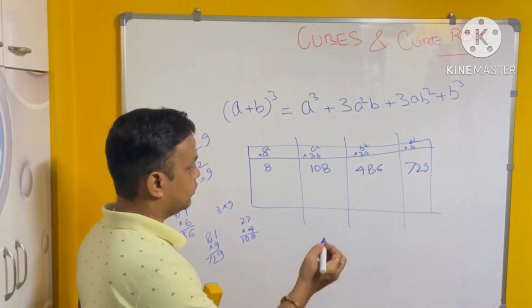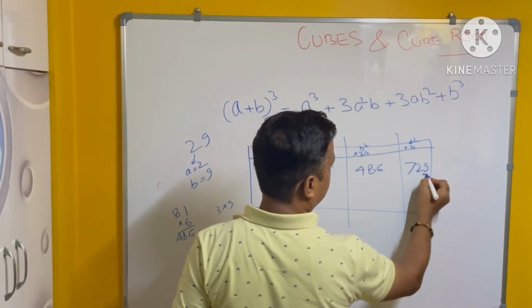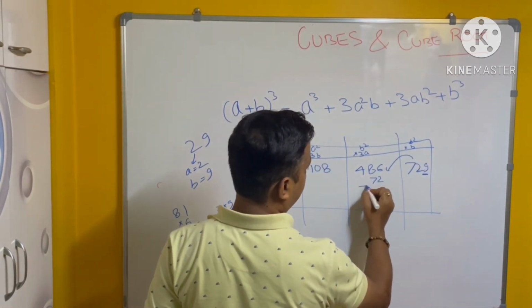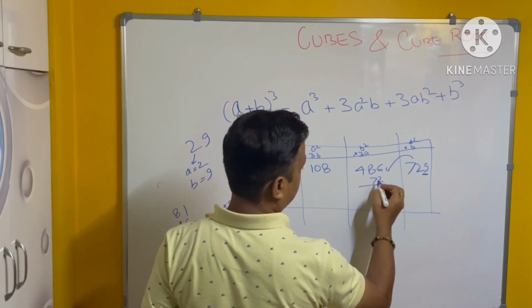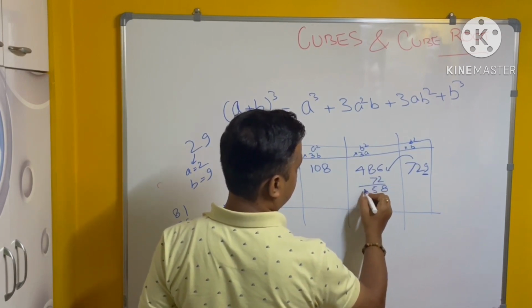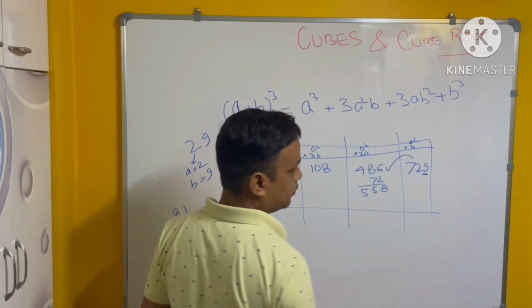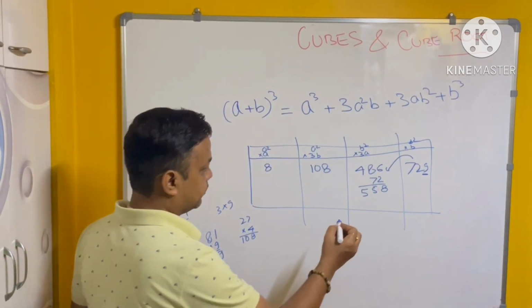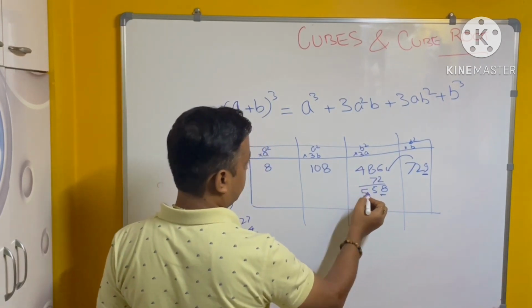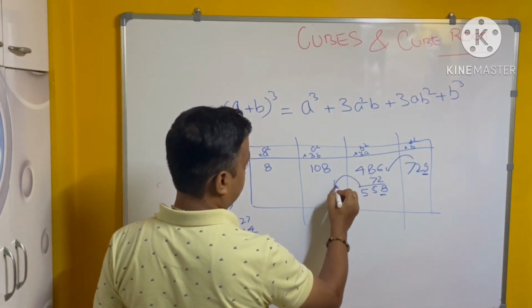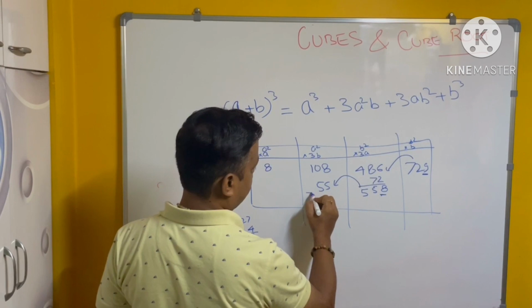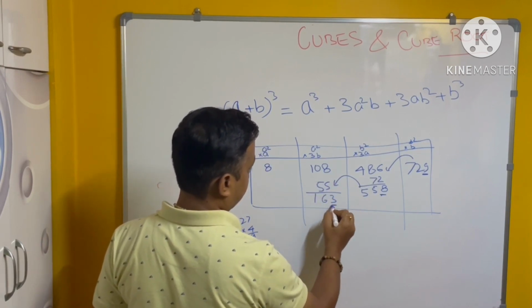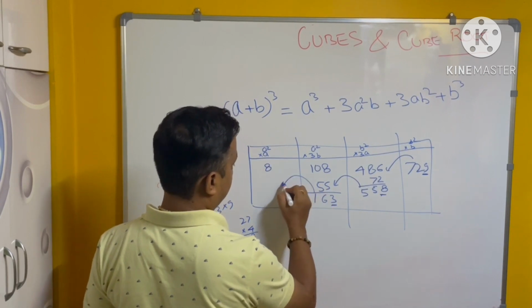Nothing else to do, same procedure, this will carry forward here, 729, right, and then this will, and this will.